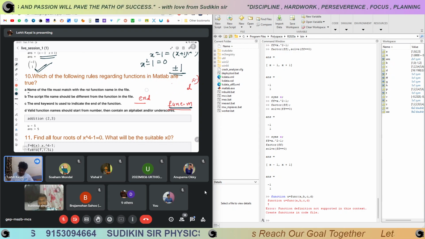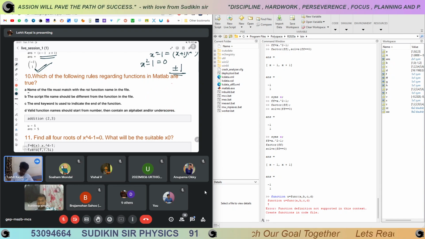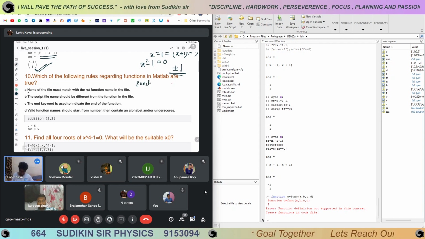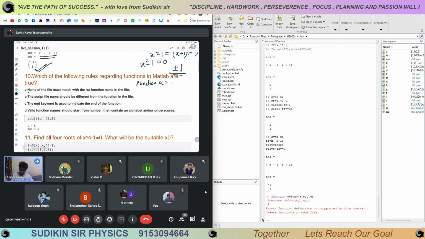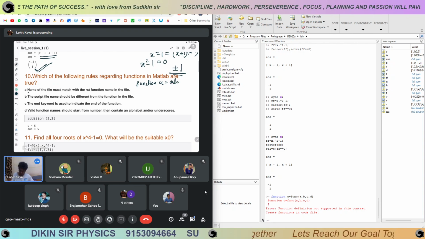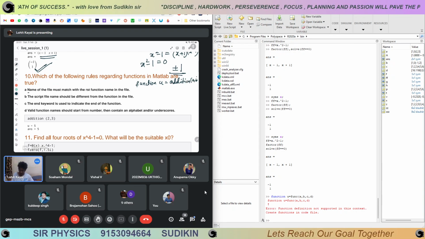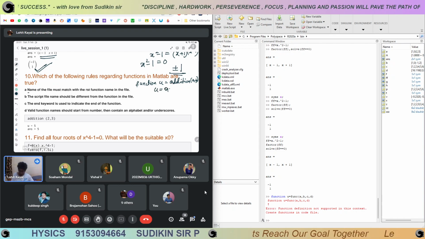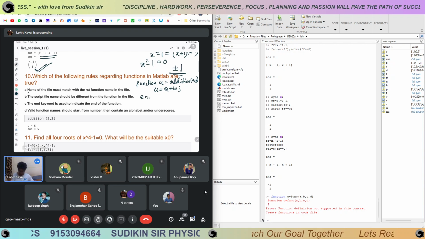Let me give you a small example, just the simplest one. Function u equal to addition, a comma b. Now write u equal to a plus b, semicolon, then end.